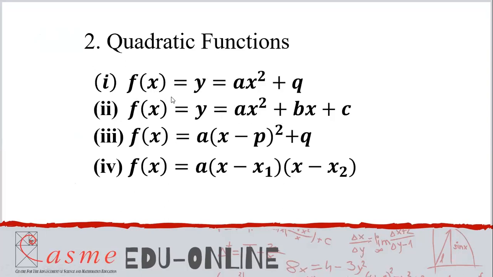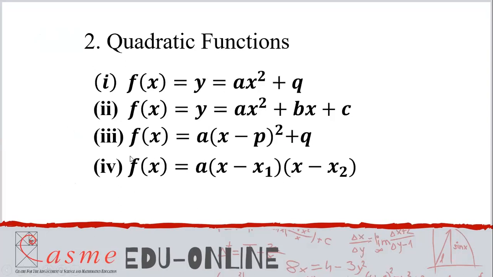in 4 different ways. That is f(x) = ax² + q, and f(x) = ax² + bx + c, and f(x) = a(x − p)² + q, right?